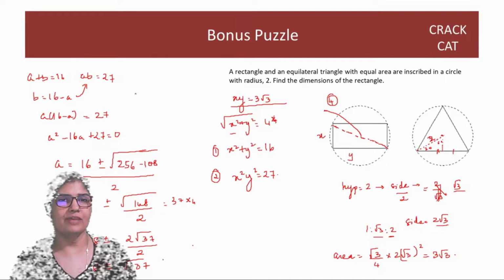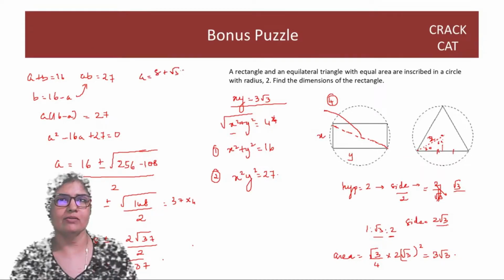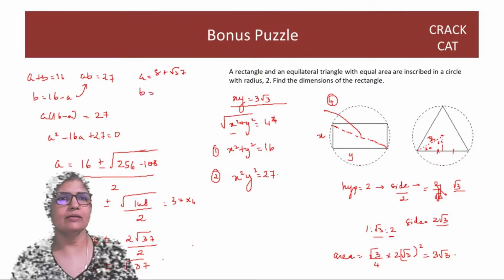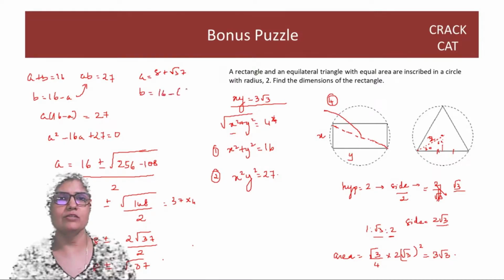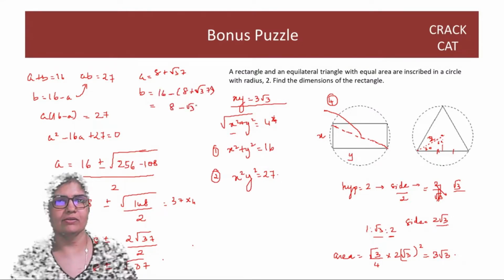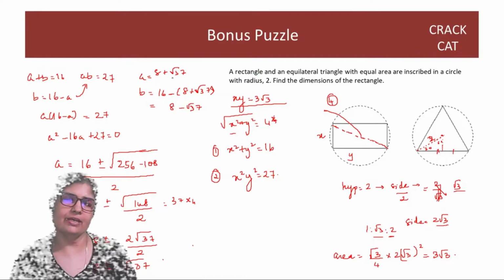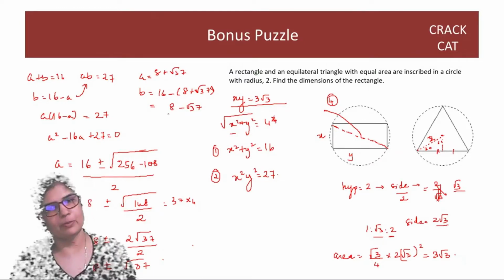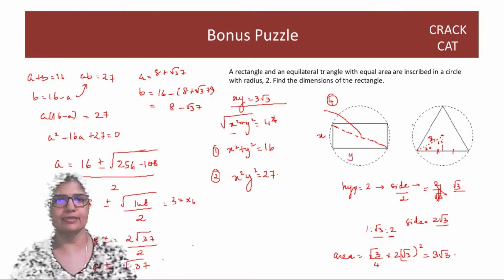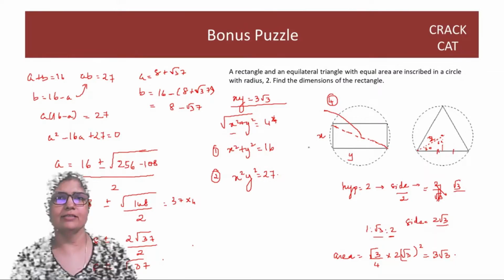So now if a is, let's say, 8 plus root 37, b will be 16 minus all this, which is 8 minus root 37. And similarly, if a is 8 minus root 37, b will be 8 plus root 37. So these are the two dimensions, right?